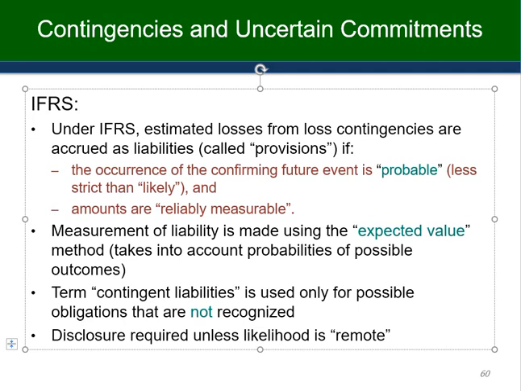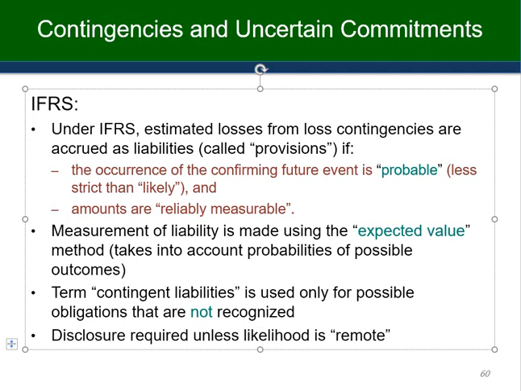Now, provisions aren't required for contingent liabilities under IFRS because they're defined as possible obligations. They're not actual obligations, but if it's more likely than not, then we do have an actual obligation which exists. So the recognition criterion used to determine if a provision should be recognized is based on whether it is probable that there will be an outflow of resources in the future.